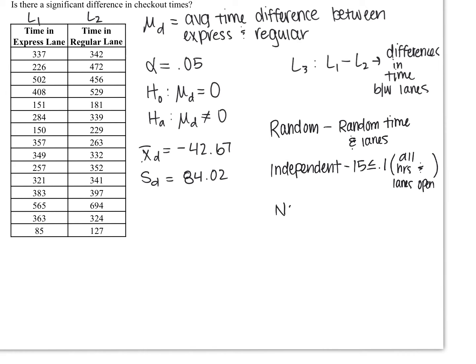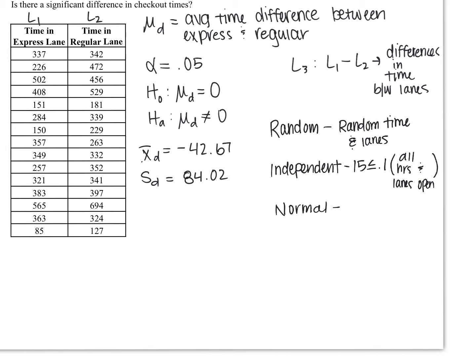And then lastly, we have normal. Now, because our sample size is only 15, we will want to check our graph. And we want to check the graph for the box plot, for list 3, not list 1 or list 2. And it is roughly symmetric. You could also do a bar graph.